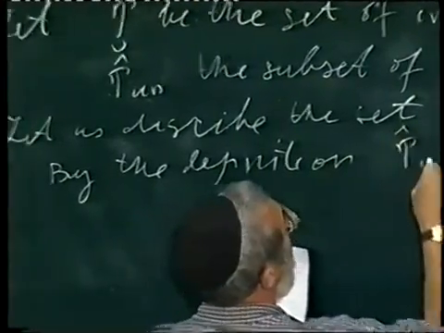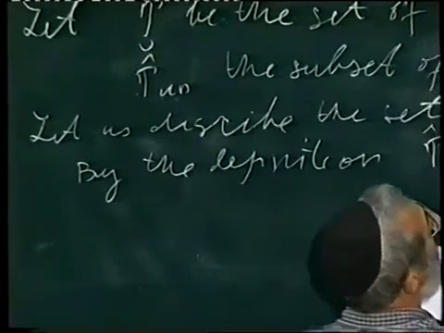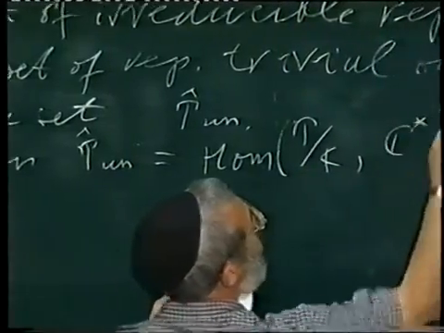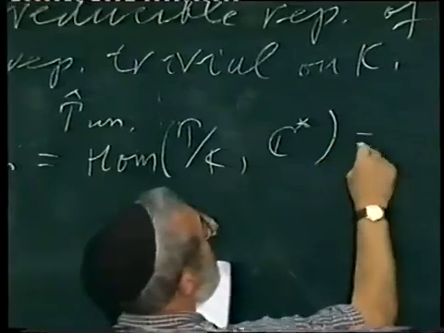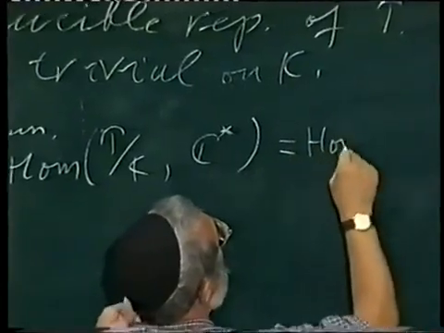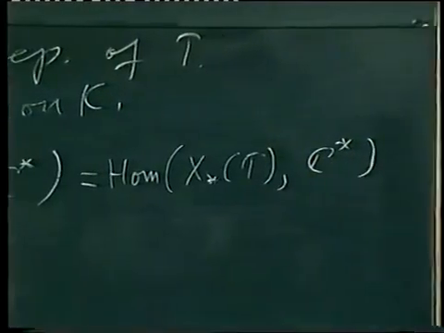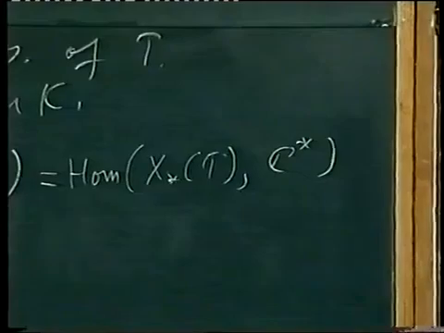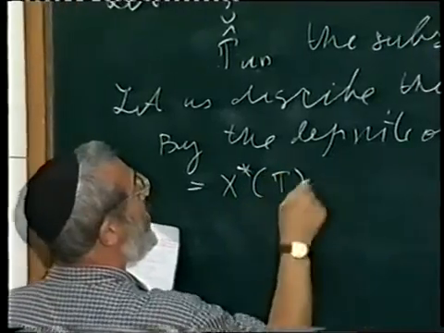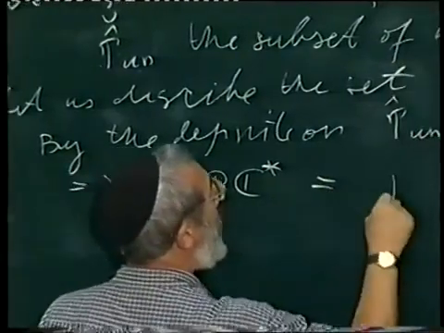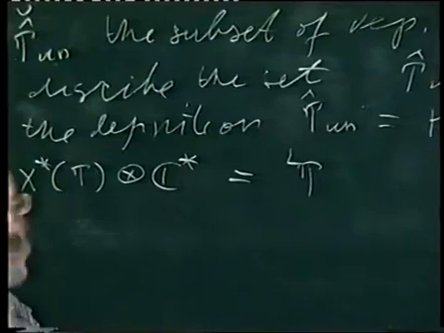T hat unramified is Hom of T mod K into C star. Now you can easily see that it is the same, using the interpretation of T, as Hom of X_*(T) into C star. It's a natural isomorphism: T mod K is the same as X_*(T), and this is equal to X_*(T) tensor C star. And we define this to be the dual torus of T.